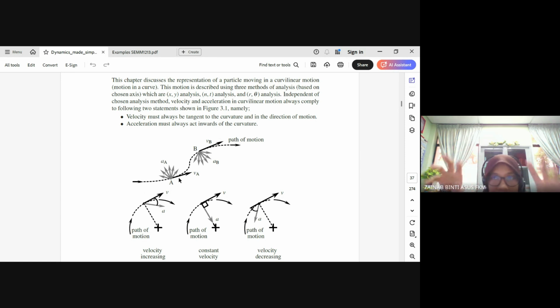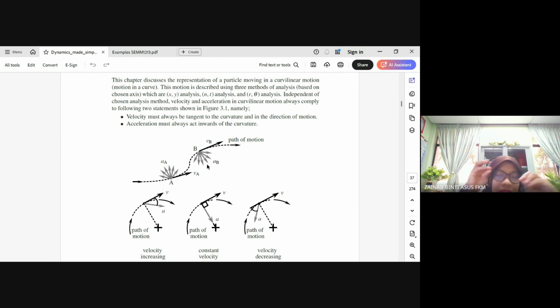That is the direction of your VA, the velocity of the particle at point A. You cannot put it at 90 degrees or any other angle with the curve. It must be tangent. So that will be your VA.